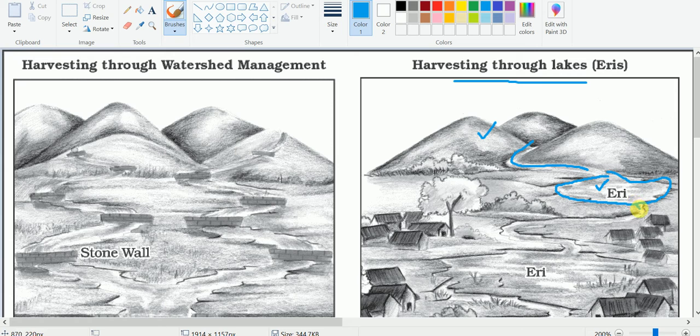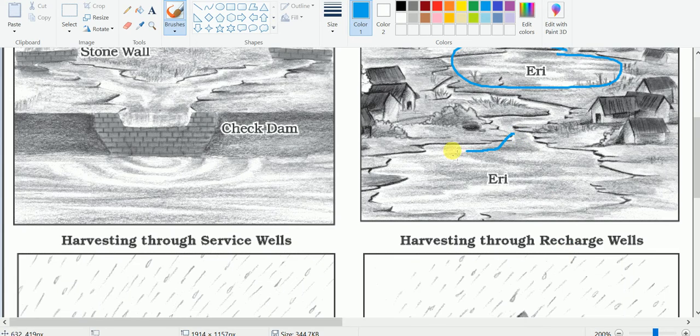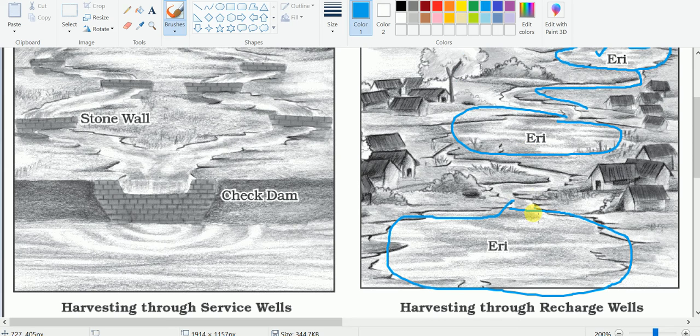Again, when there is overflow, we are constructing another small lake known as Eri, and so here we have another Eri. In this way, by constructing these Eries, small lakes along the streams or rivers, rainwater is collected.